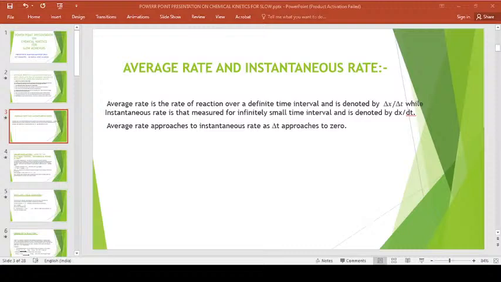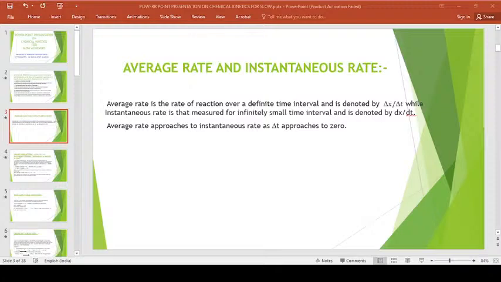At a given temperature, the rate of a chemical reaction is directly proportional to the product of molar concentration of reactants raised to the power equal to the number of times its species appears in the chemical reaction.